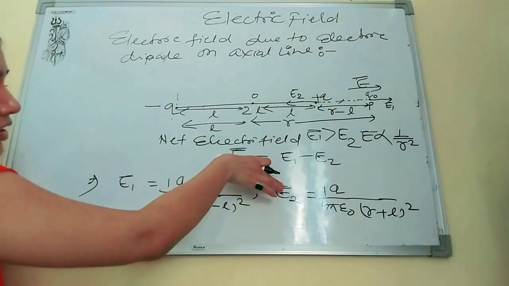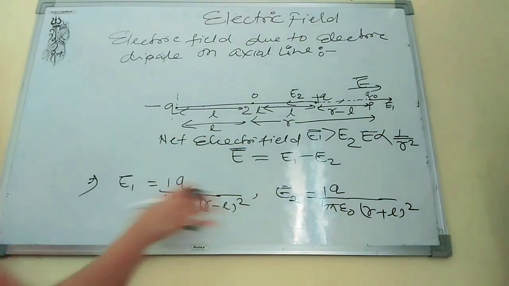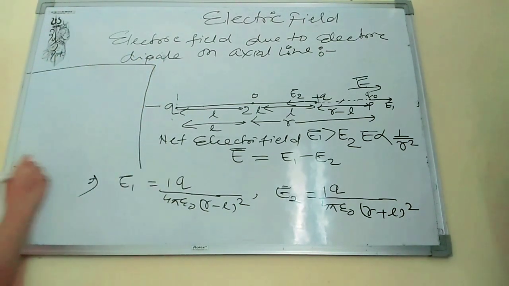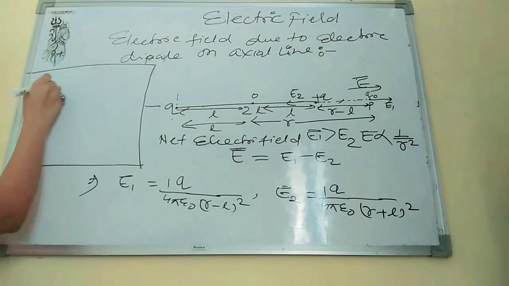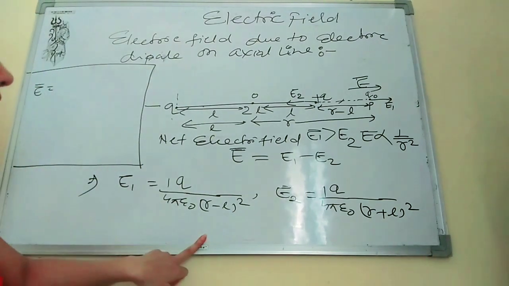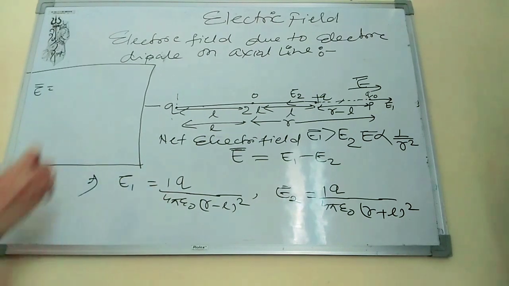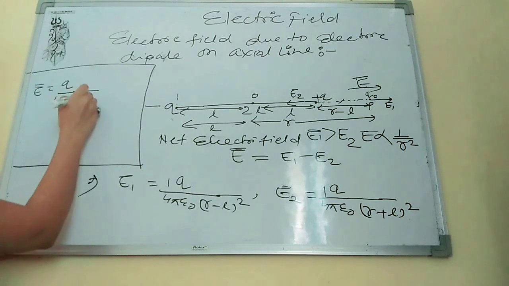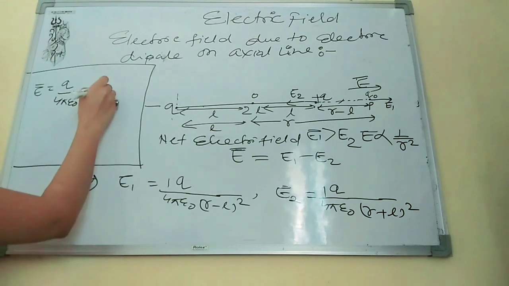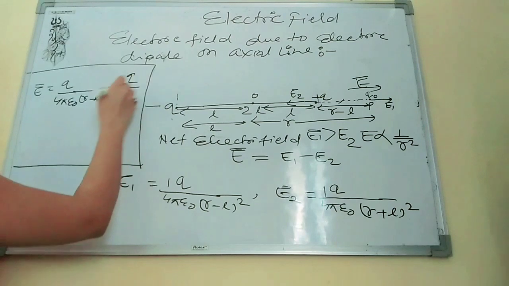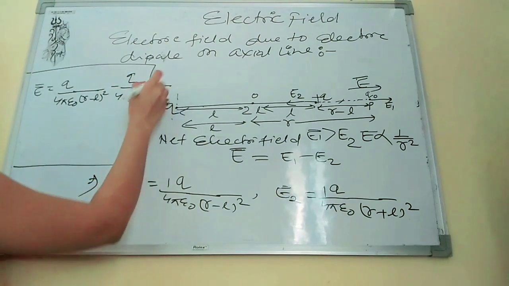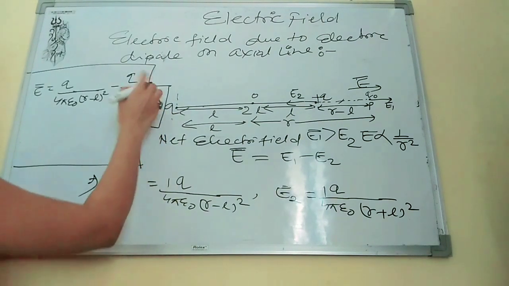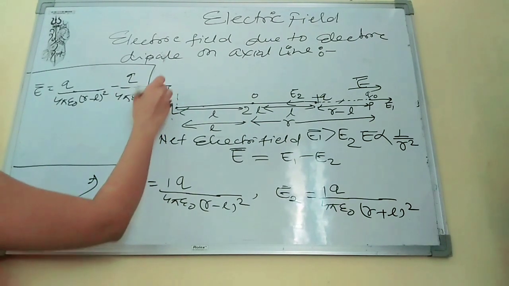Now we will find the net E. Just note it down. I'm writing here, just see here. E equals E1. The value of E1 is Q upon 4 pi epsilon naught, (r minus L) square, minus Q upon 4 pi epsilon naught, (r plus L) square.